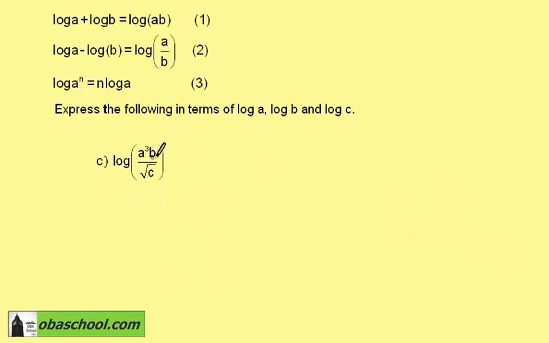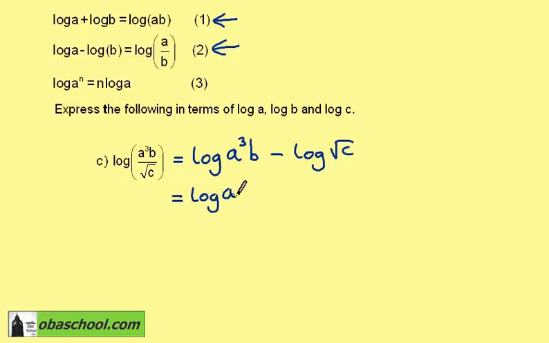To split this one apart, we can see in the first instance it's like 2, so we split into log A cubed B take away log square root of C. This is like number 1, so to split this apart we get log A cubed plus log B, and then take away log root C. The square root of C is C to the power 1/2.